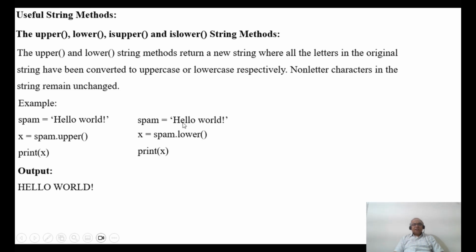So here ello and world are all in small letters except this capital H, so you need to convert this into a small letter. Therefore the output will be 'hello world!' all in lowercase with the exclamation mark. So that is how you get it.